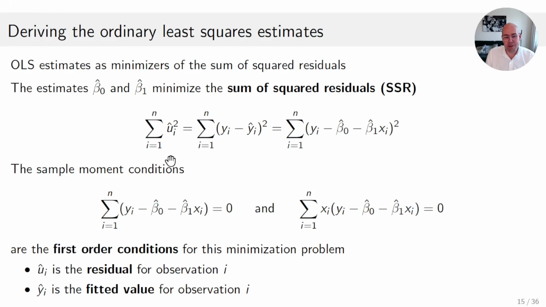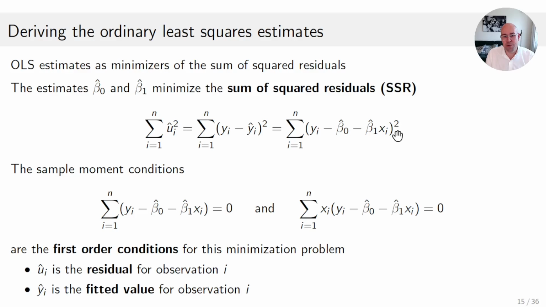What are the residuals? They're denoted by ui hat, and they're squared then. What is the residual? The residual is the difference between the actual value, yi, and the predicted value, yi hat. How do I get this prediction? The prediction is simply beta naught hat plus beta 1 hat xi. With the minus sign, I'm getting minus beta naught hat minus beta 1 hat xi.